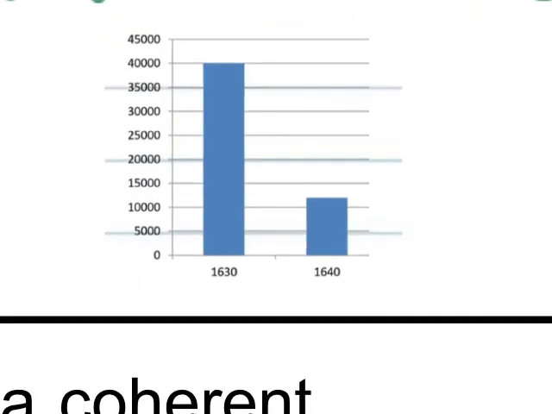This is a graph of the Huron Nation population. So in 1630, there were around 40,000 members, and 10 years later, they've lost almost 3/4 of their population due to a variety of reasons, but largely due to disease.